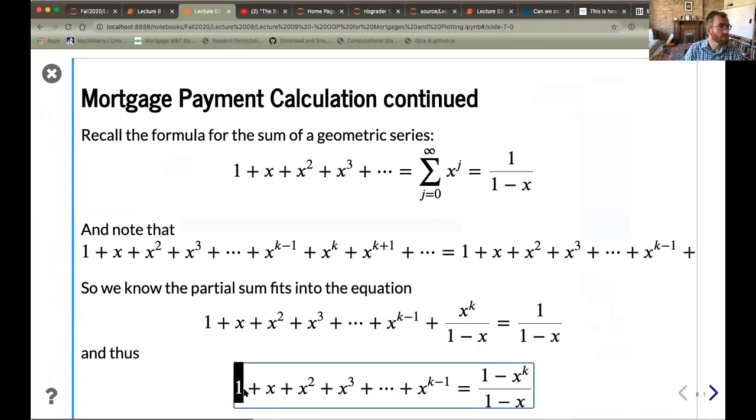The sum of the first k terms, where you, just like Python, start counting with 0 and end with k minus 1, where k is the length of this sum, is equal to 1 minus x to the k over 1 minus x. All right, that's going to be really important. So let's try to remember that. The sum of the first k terms in a geometric series is 1 minus x to the k, all divided by 1 minus x.